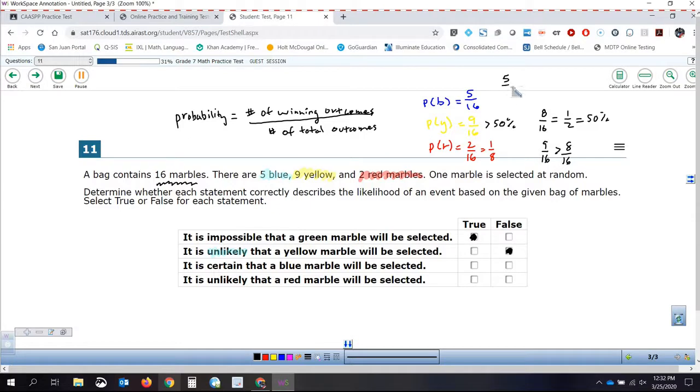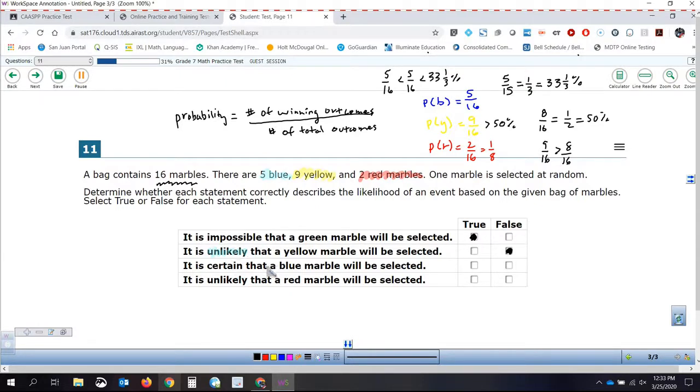If we had 5 out of 15, that would be 1/3 or about 33%. Correct? 5 out of 16 is less than 5 out of 15, which means that it is less than 33. By the way, it's not exactly 33%, it's 33 and 1/3%.